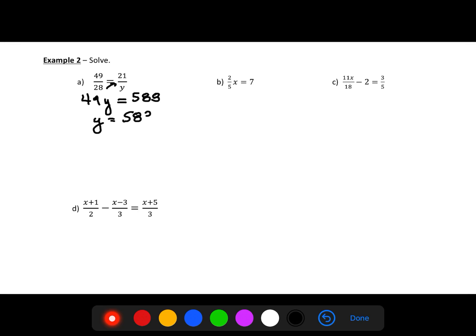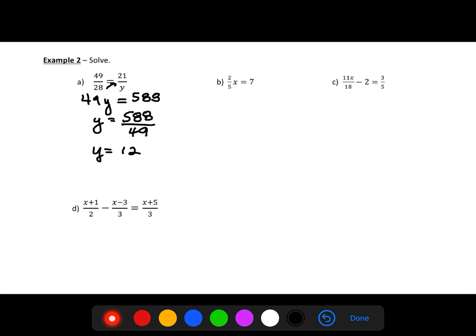When we do that, we get 588. And we're going to do our last step here then. We want to get rid of the 49 on the left side, becomes dividing on the opposite side, which means that y is equal to 12.